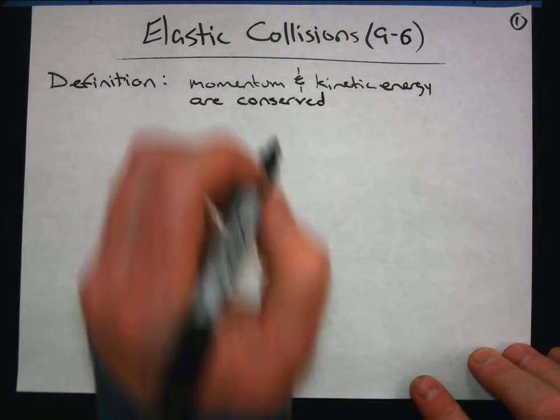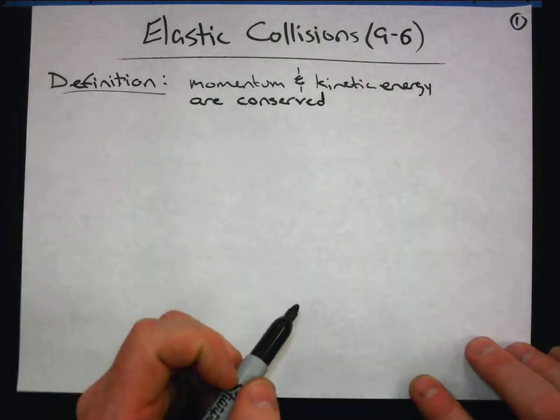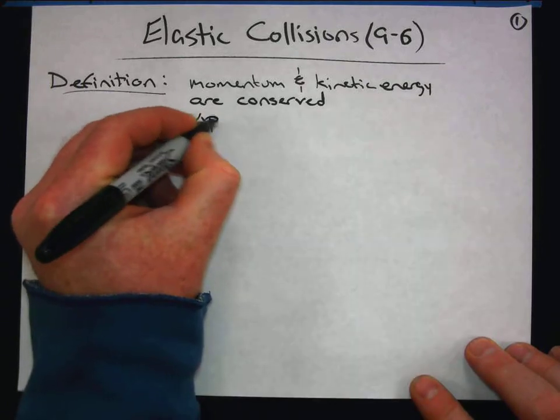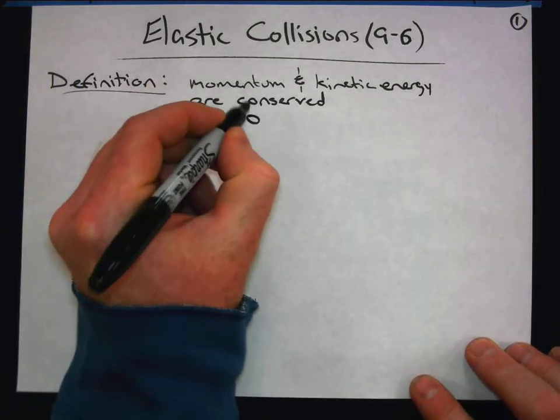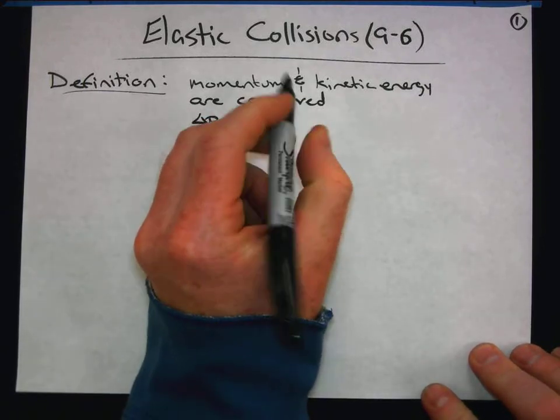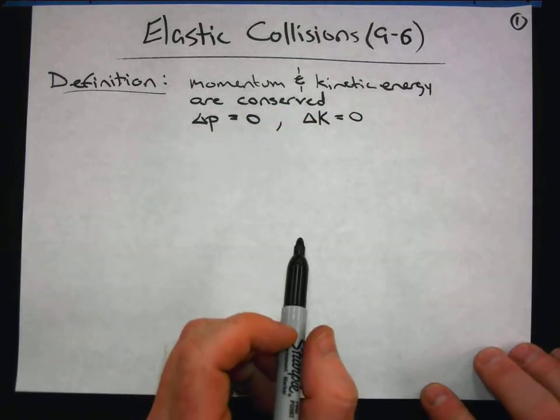And it's pretty simple. It's much like the inelastic collisions, with this difference that kinetic energy here will also be conserved. So there will be no change in momentum from before to after the collision, and likewise there will be no change in kinetic energy from before to after the collision.